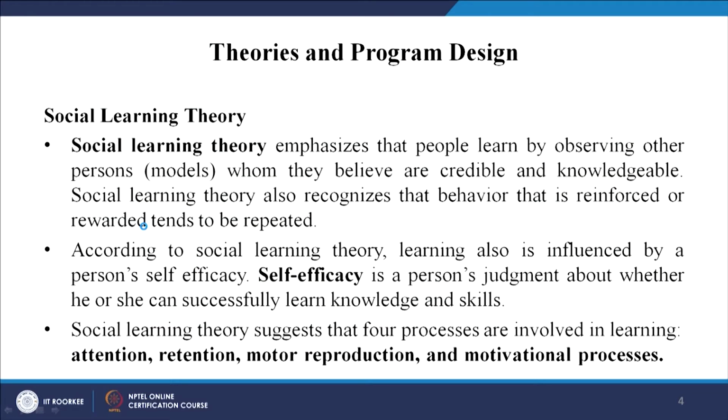Now, after this reinforcement theory, the other theory we will talk about is social learning theory. Social learning theory emphasizes that people learn by observing other persons, models whom they believe are credible and knowledgeable, role models. So there was a trend during our days, people were talking about who is your role model.